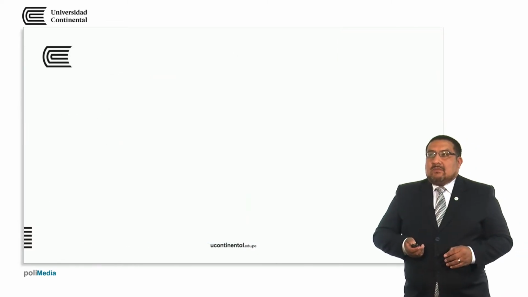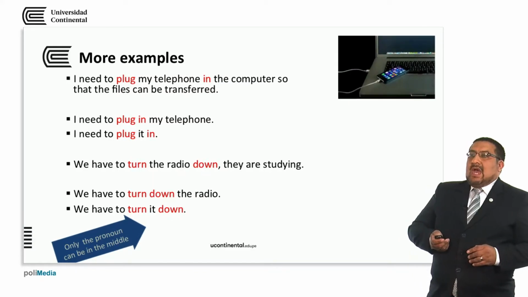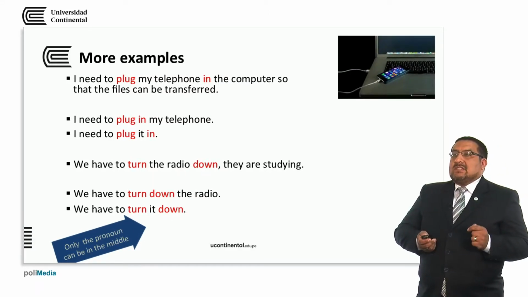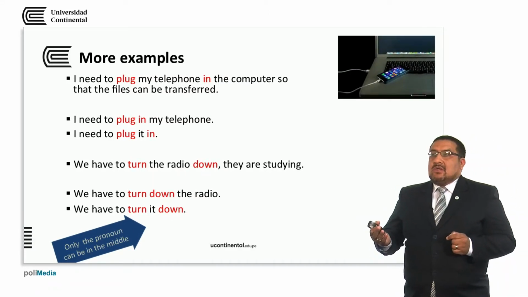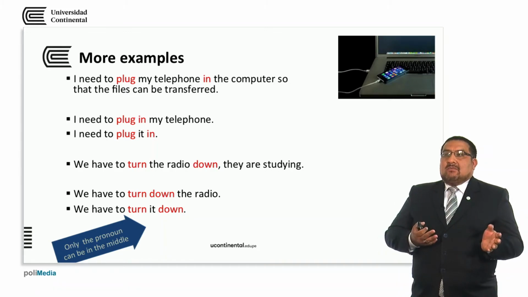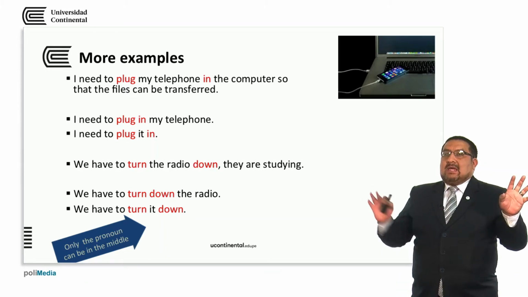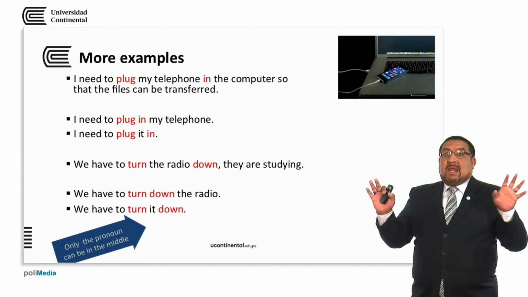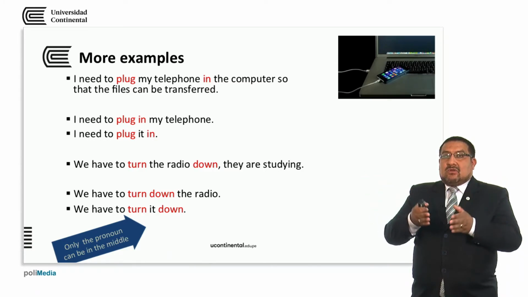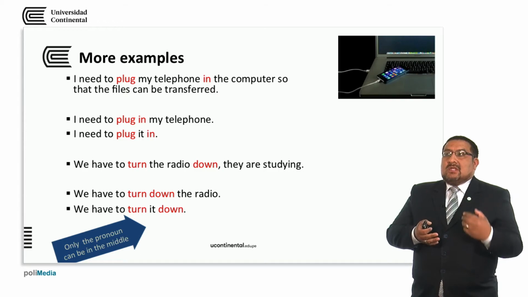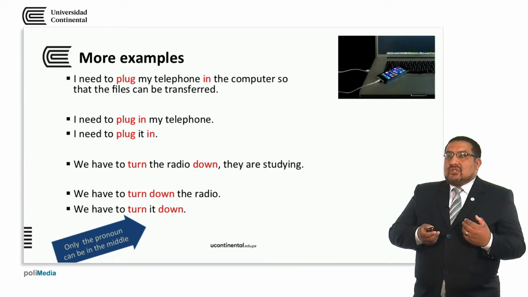Let's see some more examples. You say, I need to plug my telephone in the computer so that the files can be transferred. Plug in, that's the verb, plug in. In the middle, you're putting the telephone because that's the one that is going to receive the action.